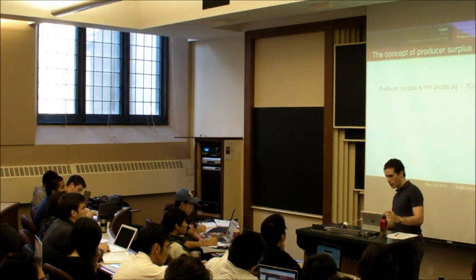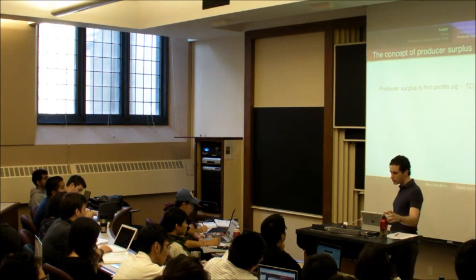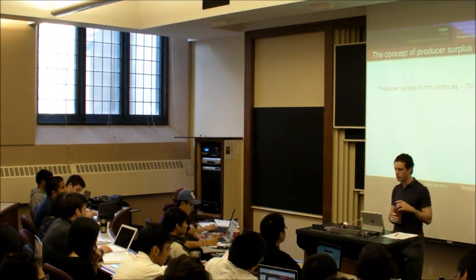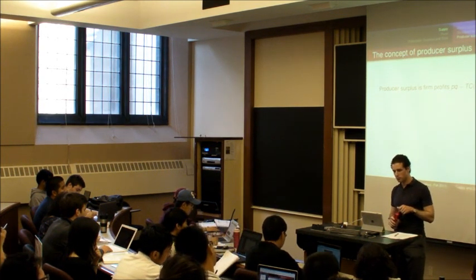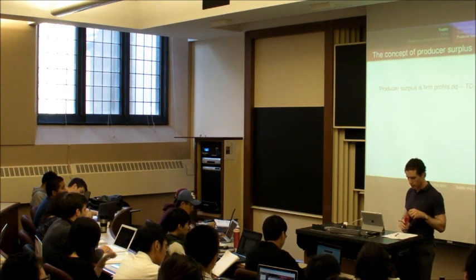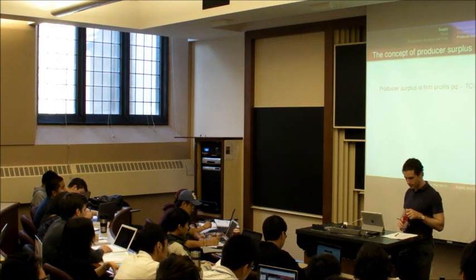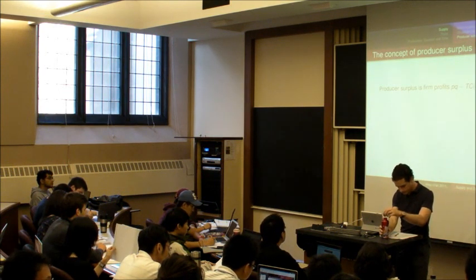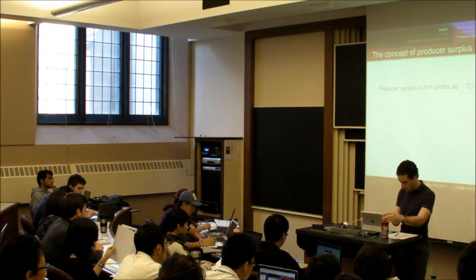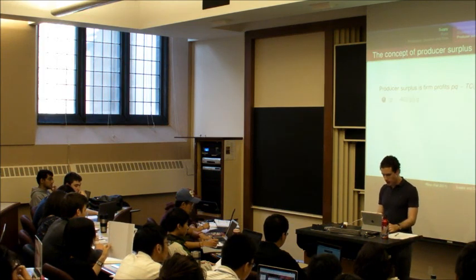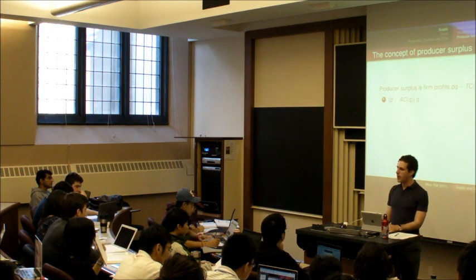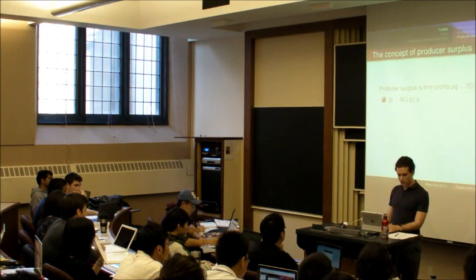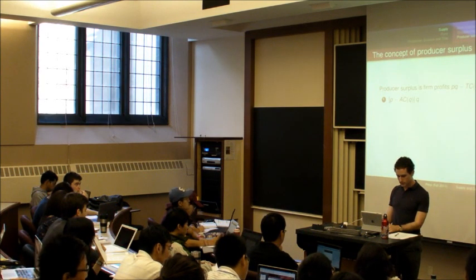Okay, so producer surplus is the firm's profit. That's price times quantity minus the total cost. And that's also the same as price minus average cost times quantity.